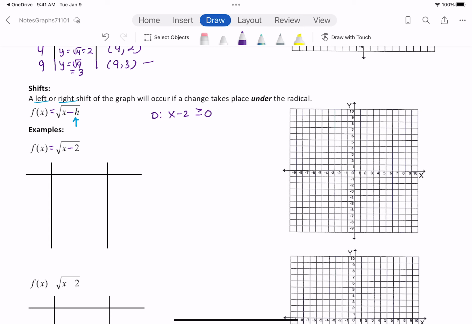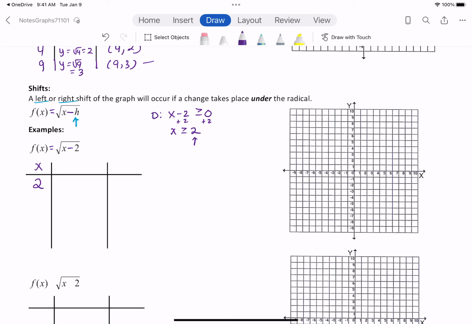That part never changes. If I solve this for x, I would add 2 to both sides, and we get x bigger than or equal to 2. So this is going to be my endpoint, and that is the first value for x that I'm going to use.